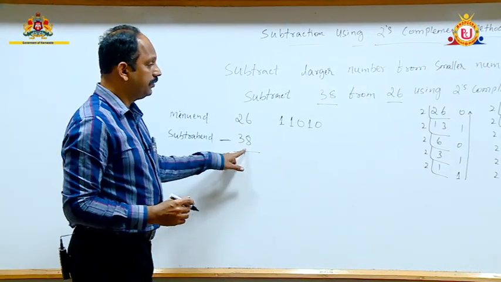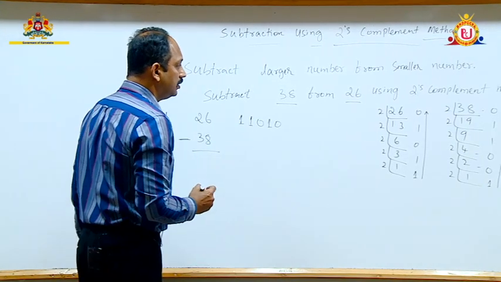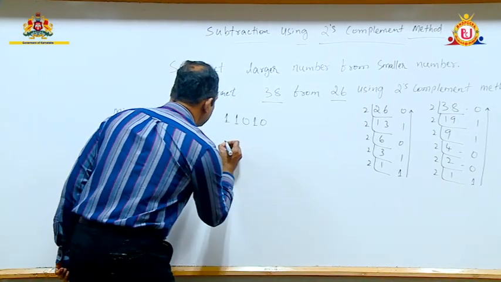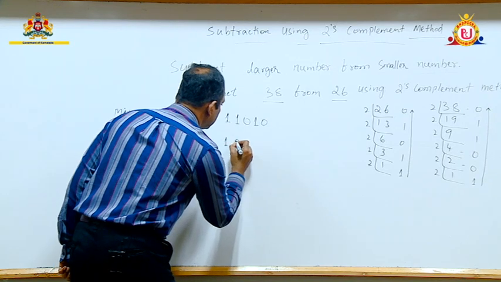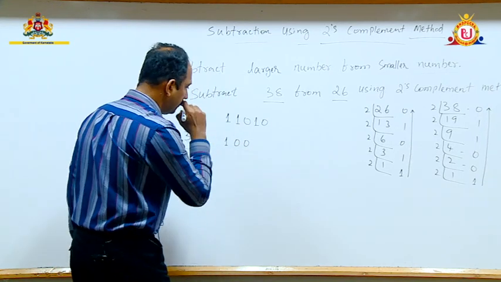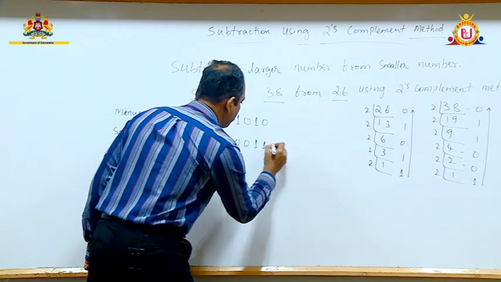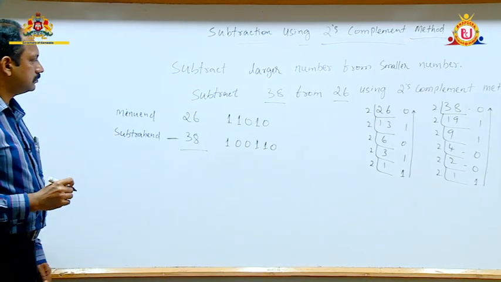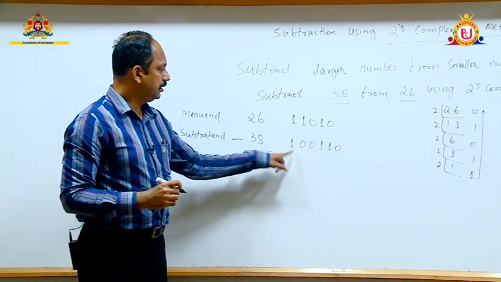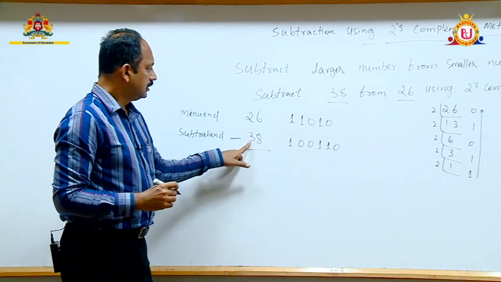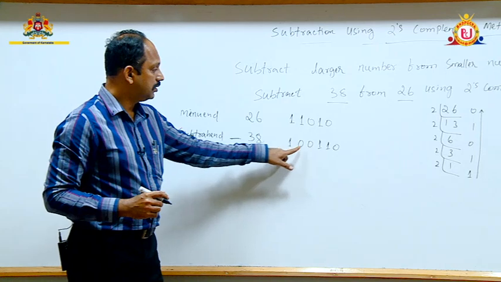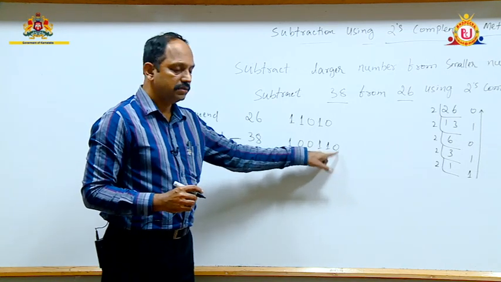Now the 38 equivalent in binary is 100110.